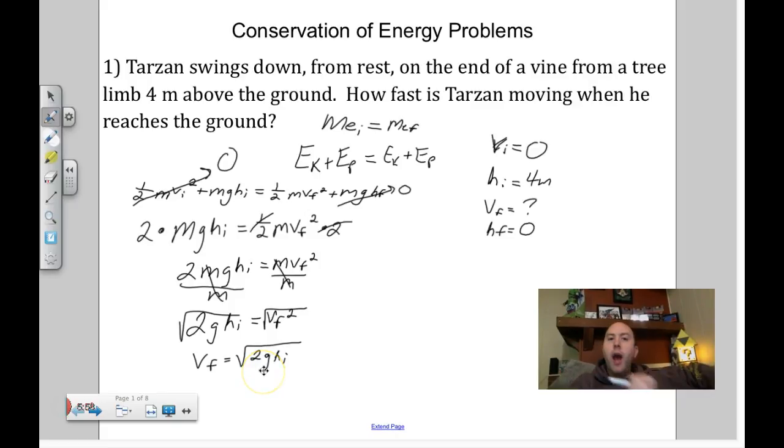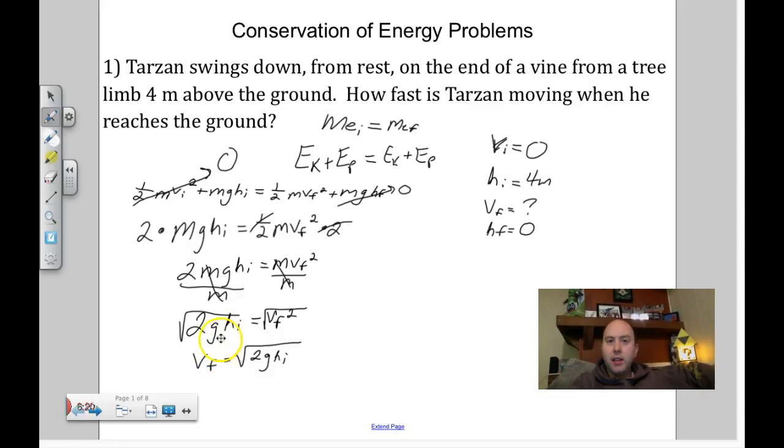Now again, you have to do the letters first. You have to solve using nothing but variables first, because like I just said with the mass, you don't even have that number. You can't plug your numbers in first if you don't have all the numbers. You have to gain practice manipulating just variables.